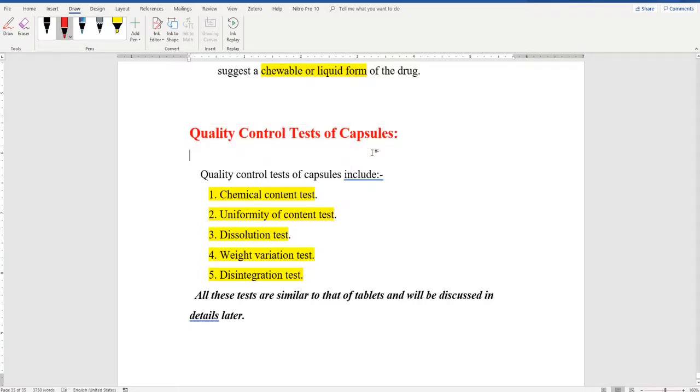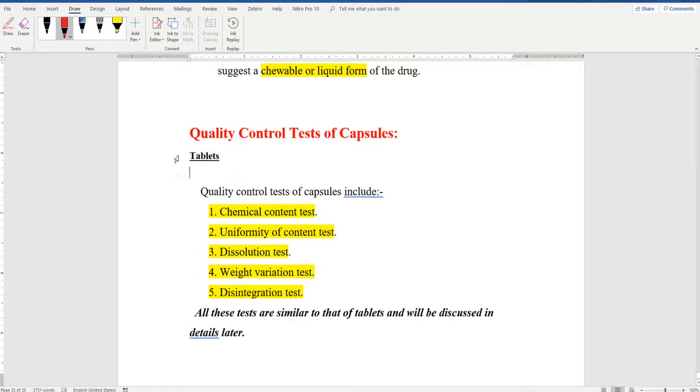So in tablets I'm going to describe them in more detail. So what is the relation of tablets and capsules with regard to quality control tests? They are very related, they are very similar to each other. The quality control tests for capsules and tablets are very similar. Maybe not the same, but very similar.